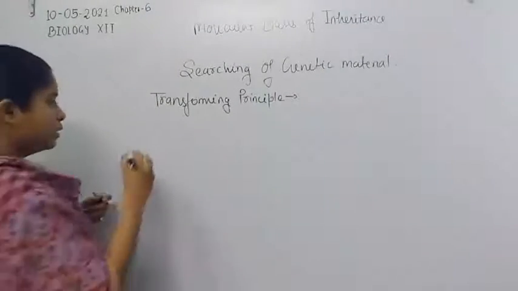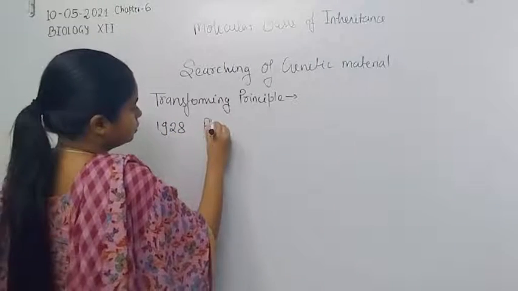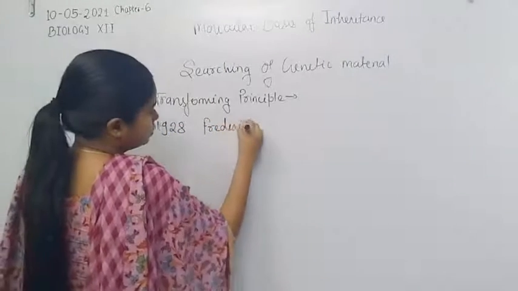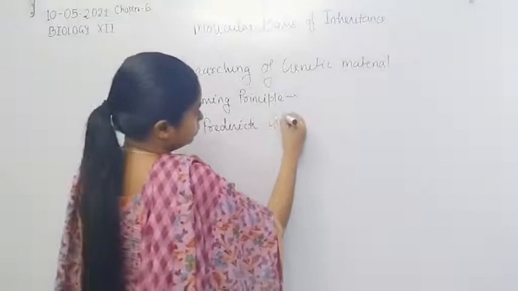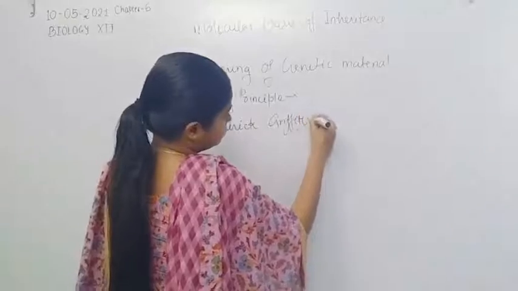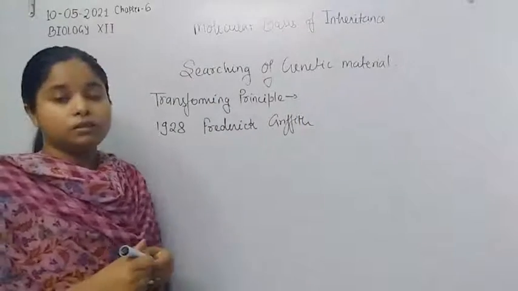The transforming principle was given by Frederick Griffith in 1928.